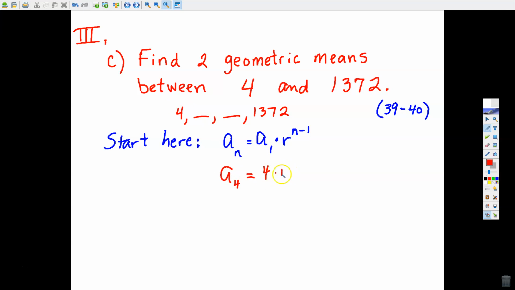We don't know r yet. We're going to solve for that. And then the exponent for r has to be 3. Okay, so this really amounts to solving for r, and then it'll be pretty obvious what these numbers are going to be. All right, so a sub 4, I can actually put a number here. That means the 4th term, and that's 1372.